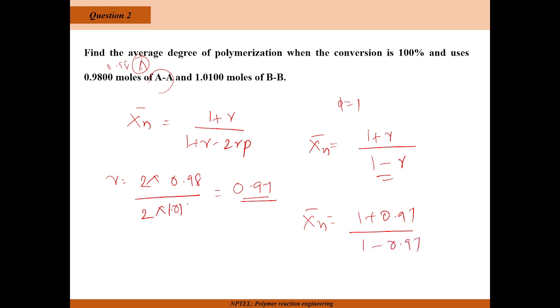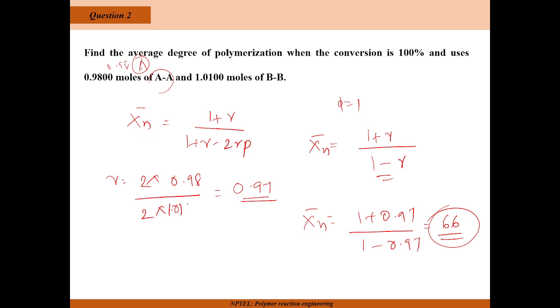That gives 65.66, which can be approximated to 66. So the degree of polymerization for this case is 66.